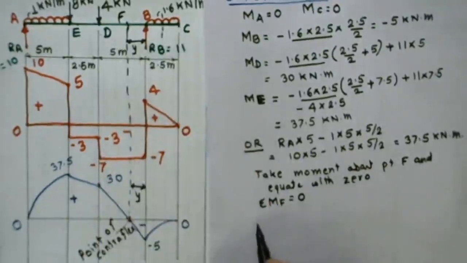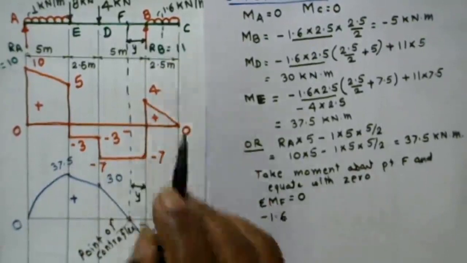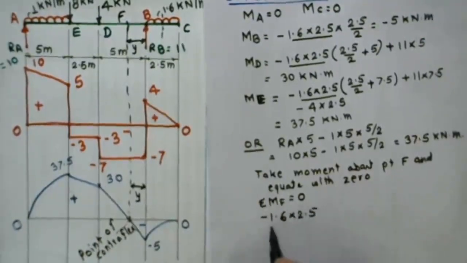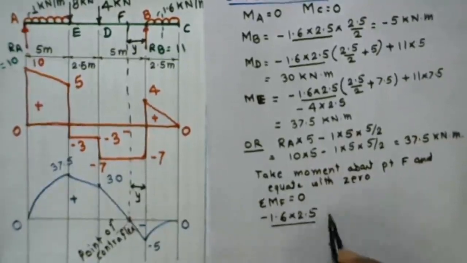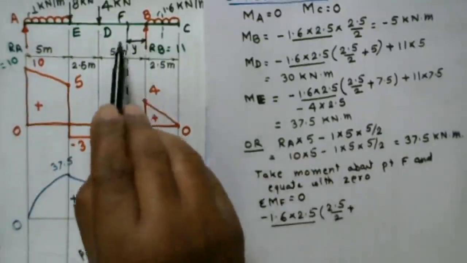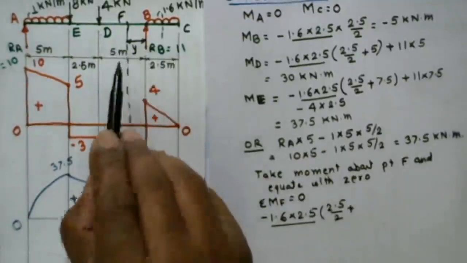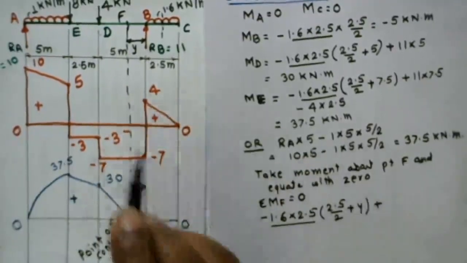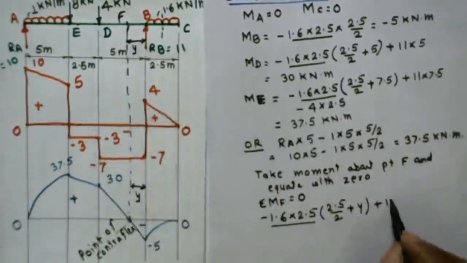So it starts with minus 1.6, the UDL acting, its span is 2.5. This becomes a UDL acting at the center of its span, 2.5 by 2, but we have to take the distance up to the point F. So 2.5 by 2 plus y, plus RB acting, 11.